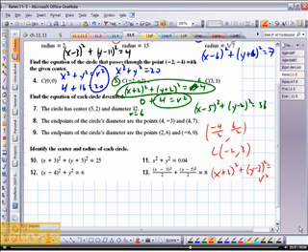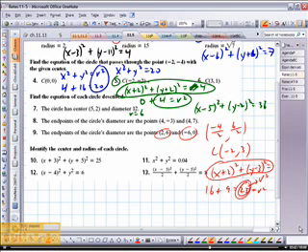Then it's just like the problems I did in 4 and 5, where we take either one of these points and plug it in here. If I take the point 2 comma 6, 2 plus 2 is 4, and I square it, I get 16. 6 minus 3 is 3, squared, you get 9. So r squared is equal to 25, and I just put the 25 right here, and I've got x plus 2 squared plus y minus 3 squared is equal to 25.